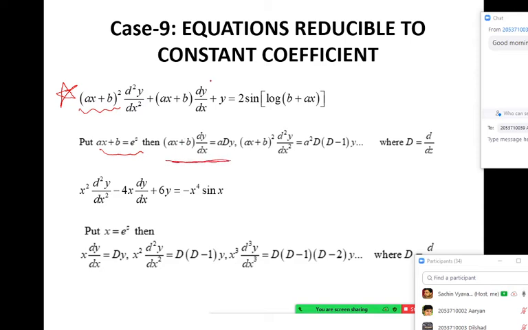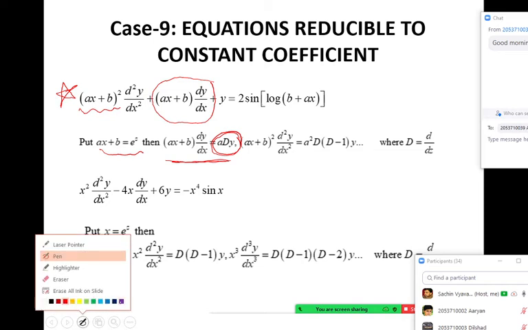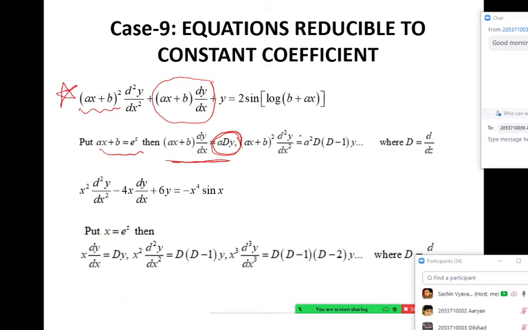The term ax plus b into dy by dx we replace by this. Then the other term, a2 times ax plus b bracket square into d2y by dx square, we replace directly by this value, and we get a differential equation with constant coefficients, and then we solve it by our regular method.